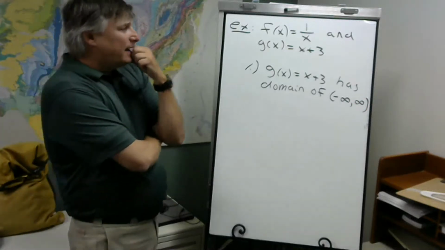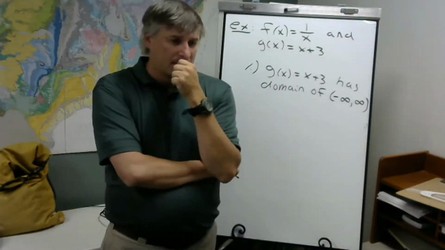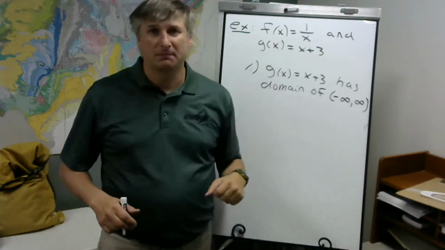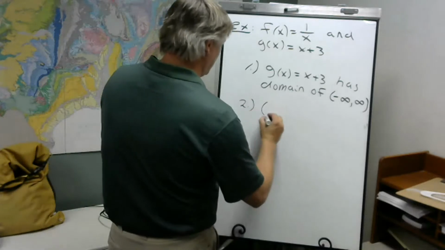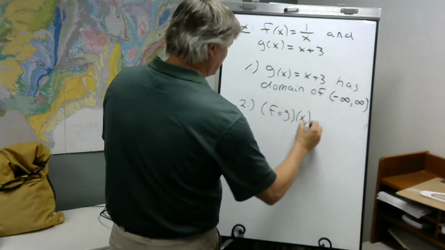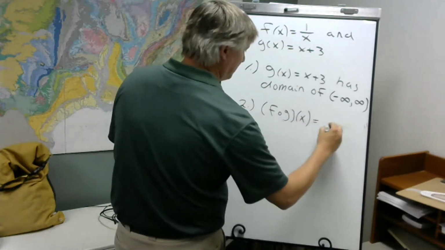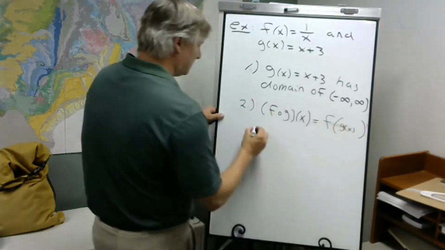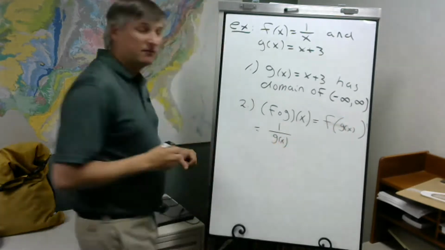But is there a restriction that we're going to have to place on x because of what g might do to f of x? So here we go. F composition g of x is, take that extra step there, f of g of x, which is 1 over g of x.